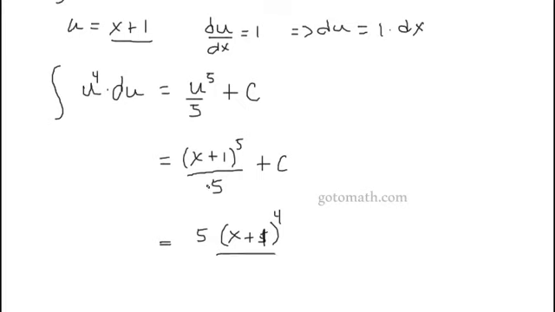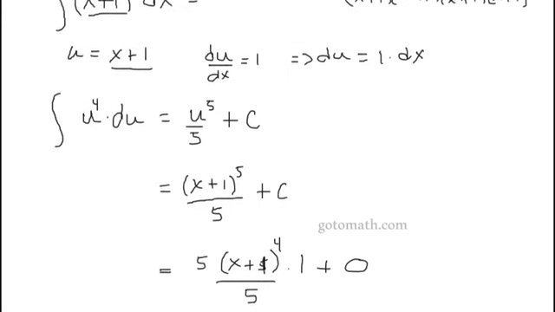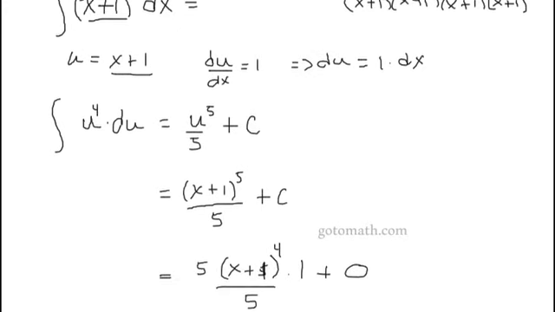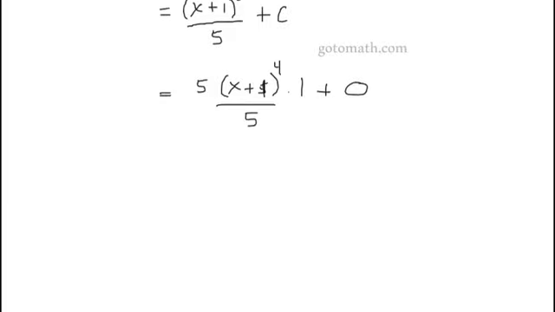Of course, remember we still have this 5 down here in the denominator, and then we take the derivative of x plus 1, which is just 1, and the derivative of c, of course, is 0. But when we simplify all this down, we get x plus 1 raised to the 4th power, and that's what we started with. So you can always check your work.